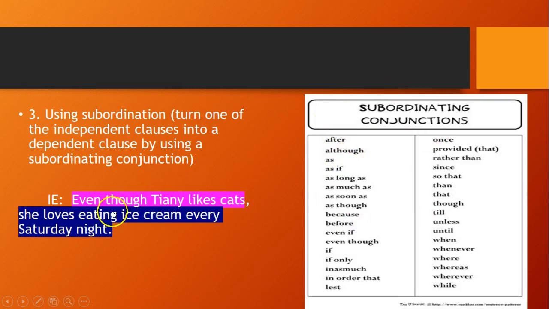So getting back to our example, in pink, you'll notice even though Tiani likes cats, comma, she loves eating ice cream every Saturday night. So, for example, we've made our first clause, Tiani likes cats, into our dependent clause by using even though. So, rule number three, use a subordinating conjunction.